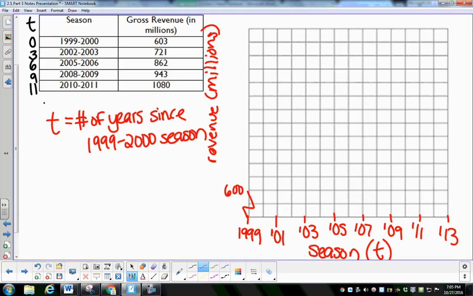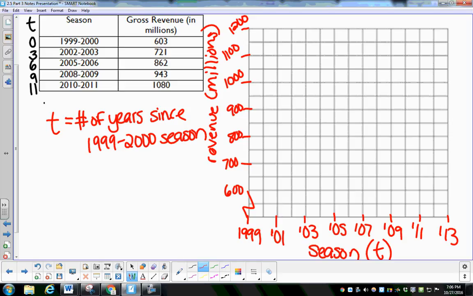Let's see, 7, 8, 9, 10. I think I'm going to go by 50 million. So this will be 700 million, 800, 900, 1,000, and 1,100. 1,200 million. Whoa, that's a lot of money.